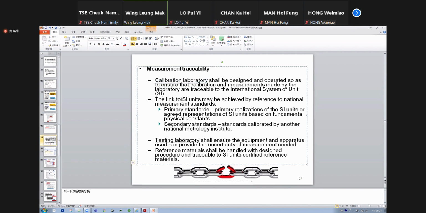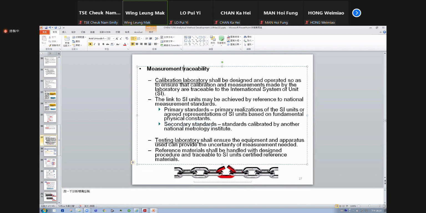Because we also need to trace our measurement instruments to the SI unit, we need to prepare the calibration curve or the chemicals to see the response. There are two types, primary standards, the CRM, or the secondary standard. Just for your information.